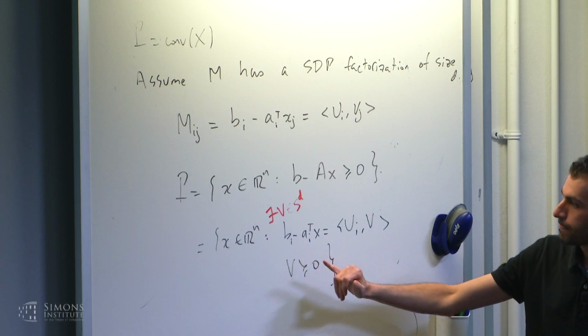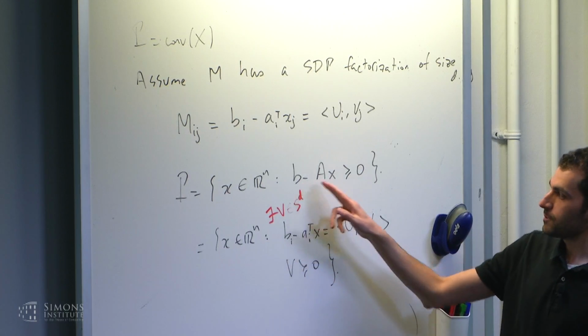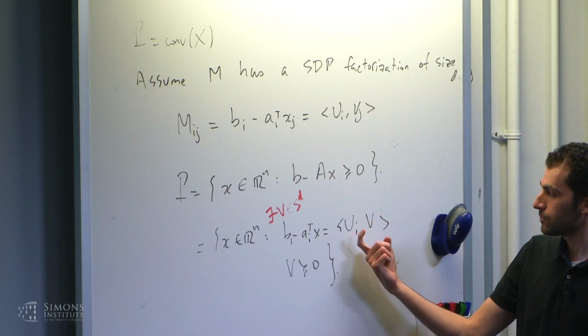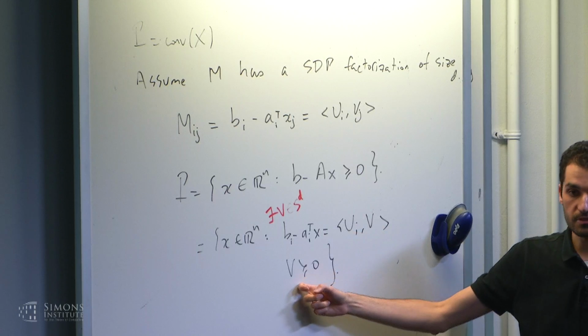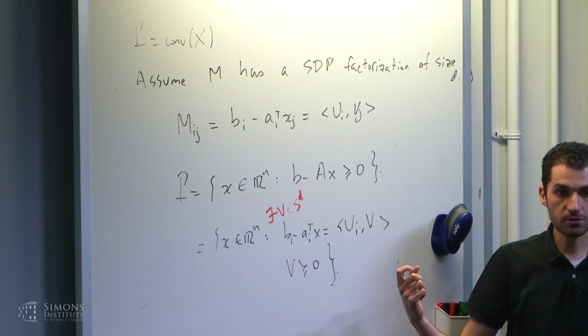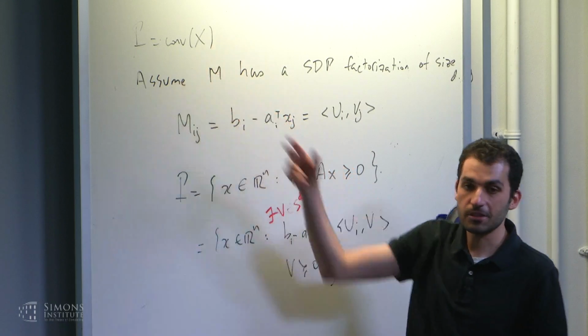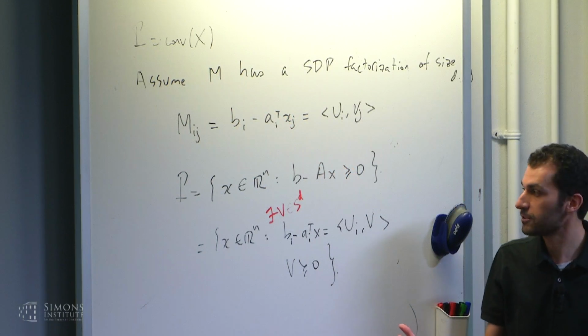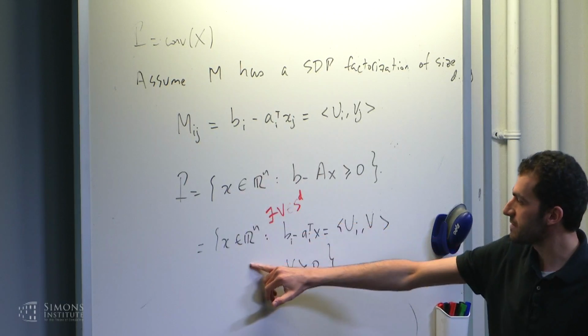Clearly, if I take an X that is here, then I know that B minus AX is non-negative, because the inner product of Ui and V is non-negative, since Ui is PSD and V is PSD. So this gives us one inclusion. The other inclusion uses the fact that X is the set of vertices of my polytope. I have to show that anything in here is in here.